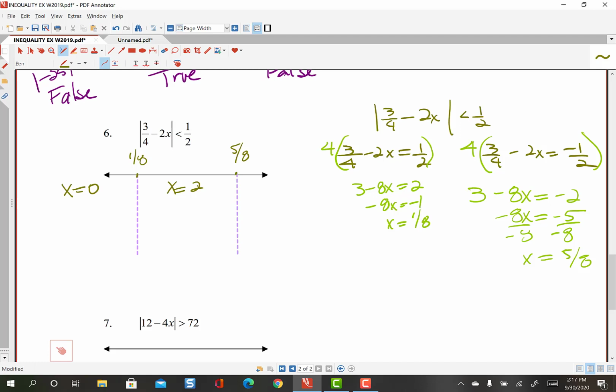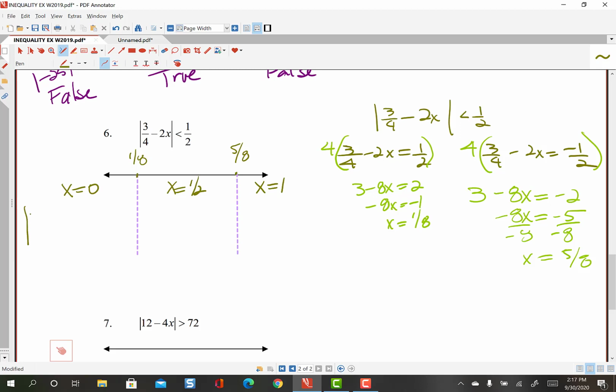Doesn't matter to me. You know, not x equals 2. My goodness, what am I thinking? 4/8 or 1/2. And then after that, any number bigger than 5/8, let's say if we go with x is equal to 1. All right, don't worry about the fractions, we'll be just fine.